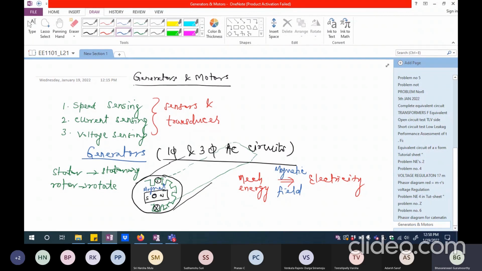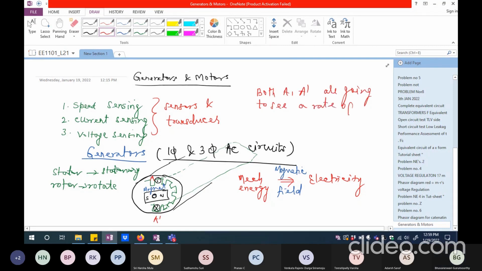Because the magnet is rotating, if I look at this conductor, let me call this conductor A and this conductor A dash. I'm going to see that A probably faces the north pole at some point, the south pole at some point, and no pole at all at some point. So both A and A dash are going to see a rate of change of flux.